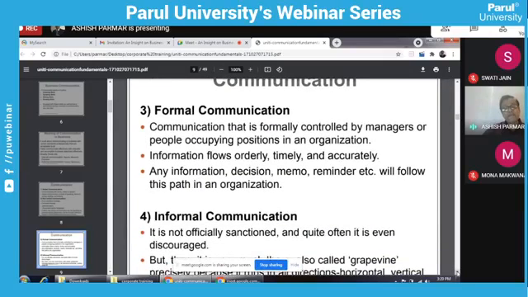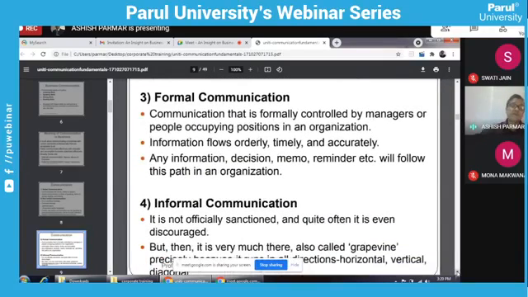Then again, we have two types of communication which are formal and informal. Formal communication is formally controlled by managers or people occupying positions in an organization. So formal communication is formal talks, meetings, memos, reports. Information flows orderly, timely, and accurately.